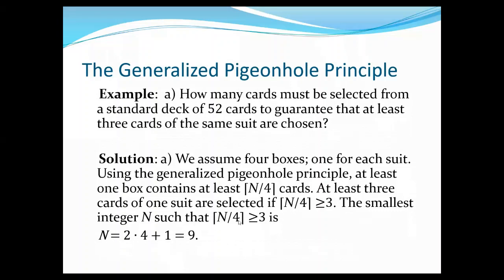Again, we consider only the integer part of the result of ceiling of n divided by 4. 3 is the round up, so the original value is 2 point something. So we're just going to use 2 times the number of containers, 4.